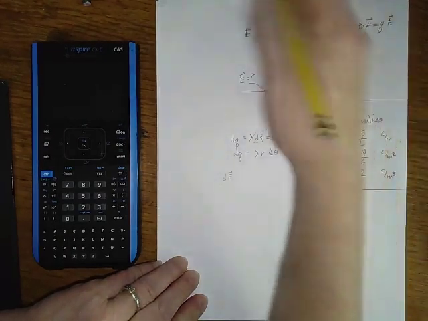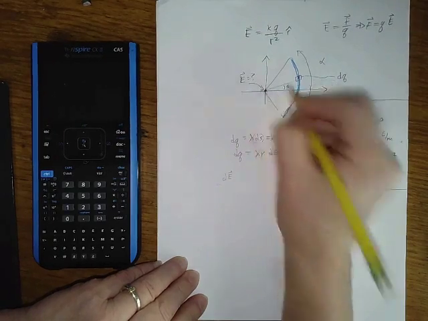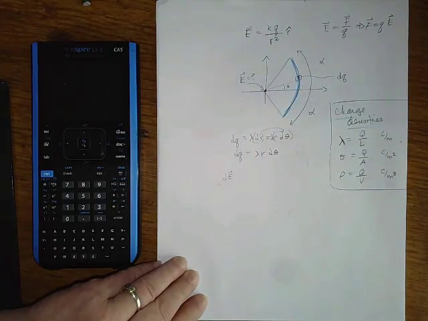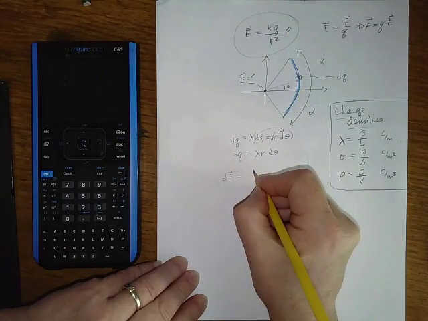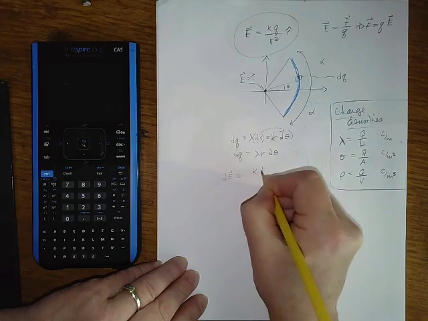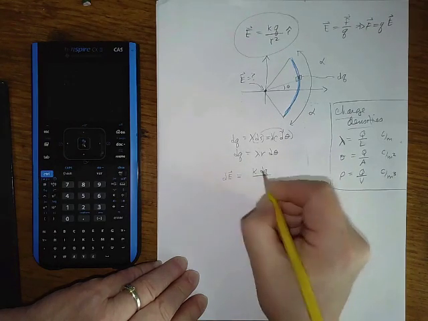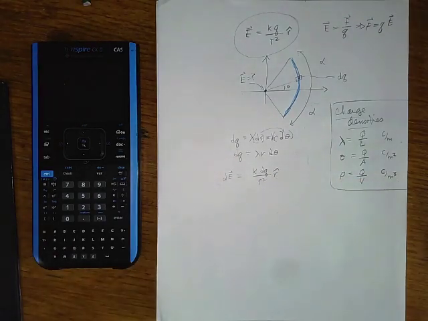We're going to add them all up as we go around to get the total effective field at this point. All right, so our dE, remember we're going to start with this. E is kq over r squared. So dE is k dq over r squared, r hat, and we'll just leave those parts general for now.